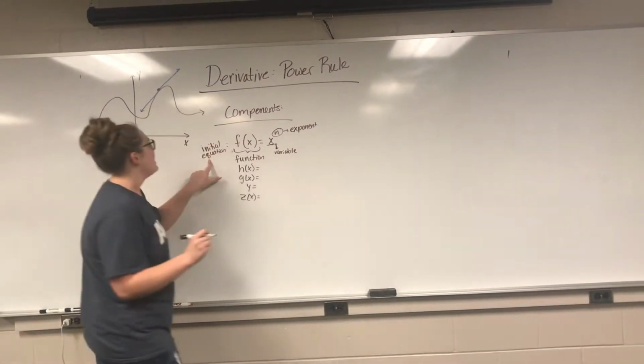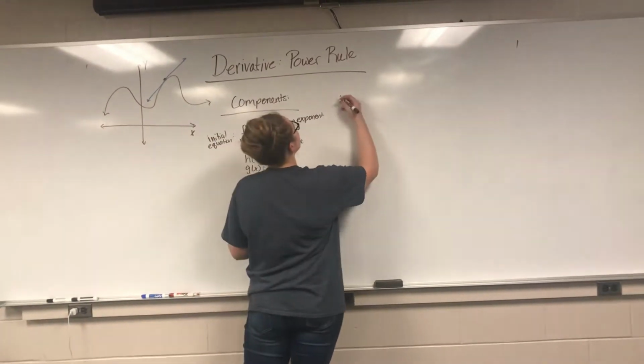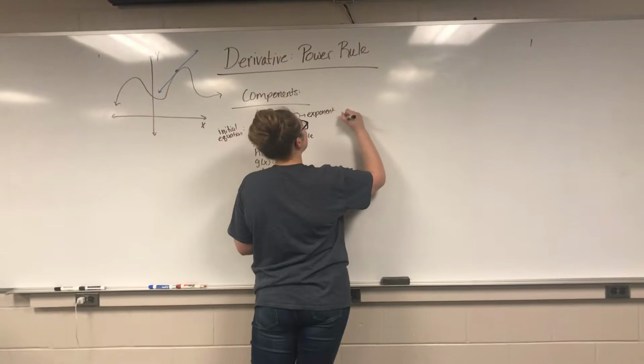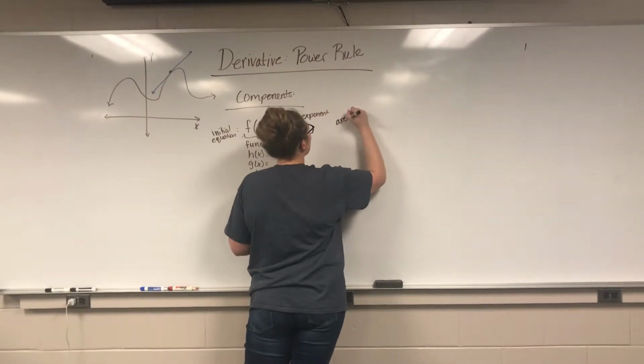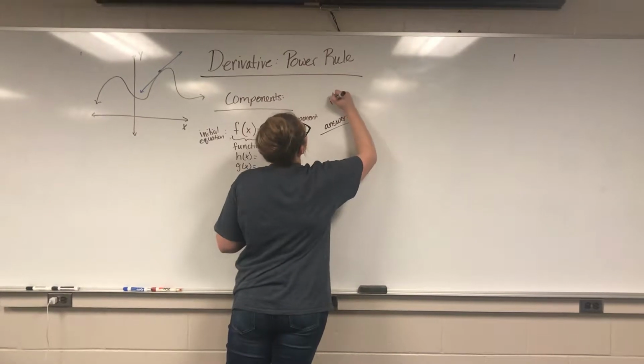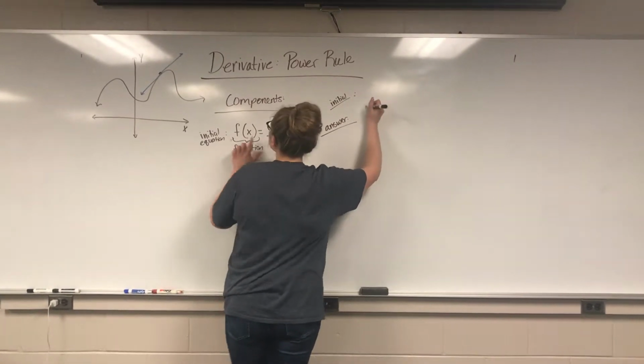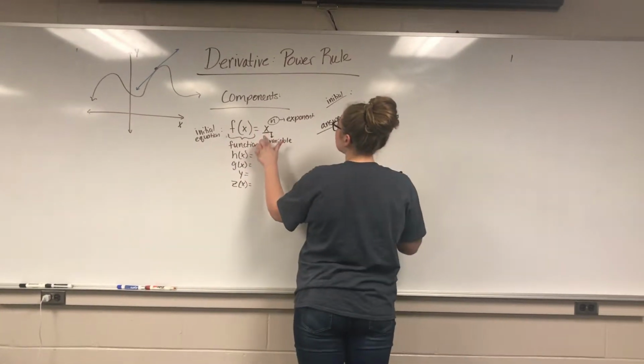Now, for the answer, the after equation, we're going to put our initial up here. Our initial was f of x equals x to the n.